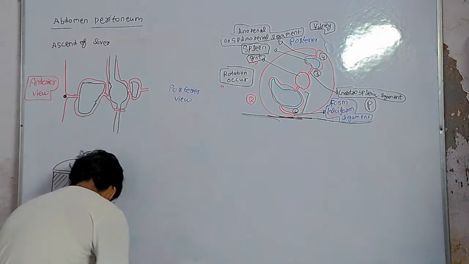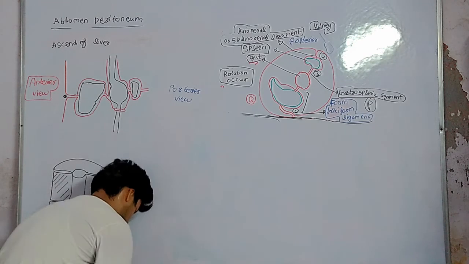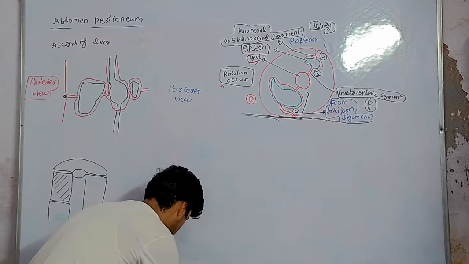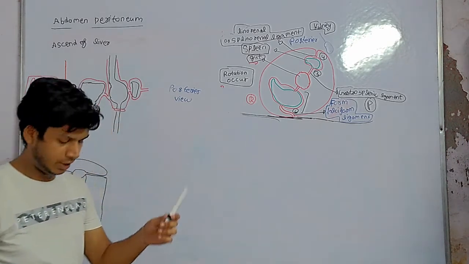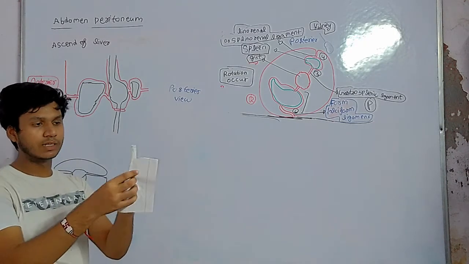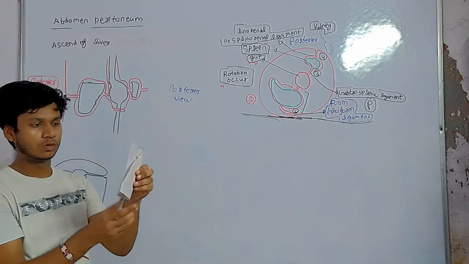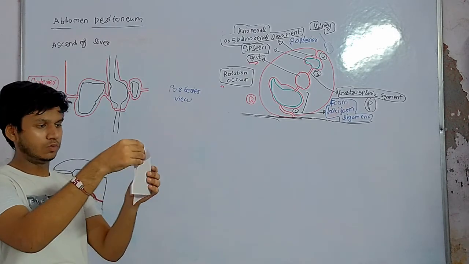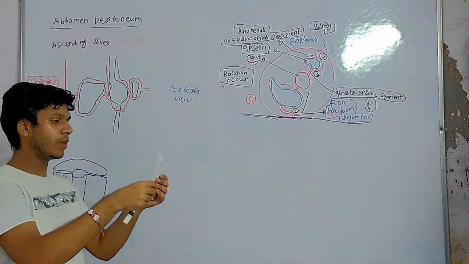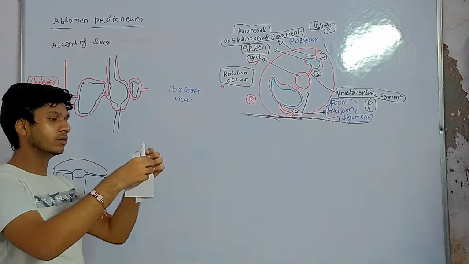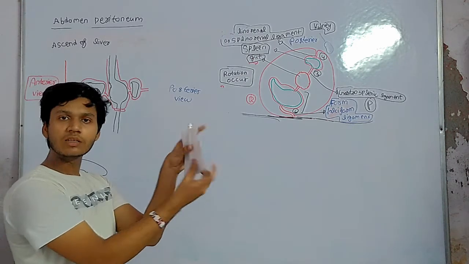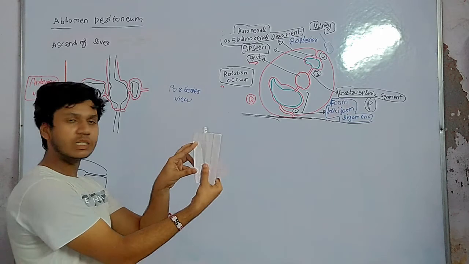Let's say this is gut tube. So the gut tube covers the liver, completely covering the gut tube like this. So one ligament forms anteriorly, one ligament forms posteriorly. So ventral mesogastrium is present like this, a curtain-like structure, and one dorsal mesogastrium is also present, curtain-like.